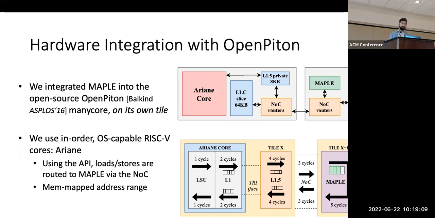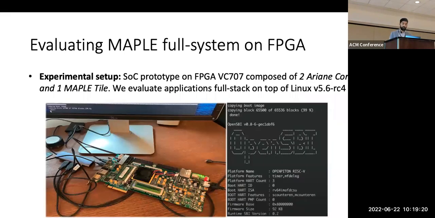Our API operations translate into load and store instructions that read from and write to Maple. For the evaluation, we are using an FPGA chip prototype of 2 Ariane tiles and 1 Maple tile, and we have run the applications on top of Linux.